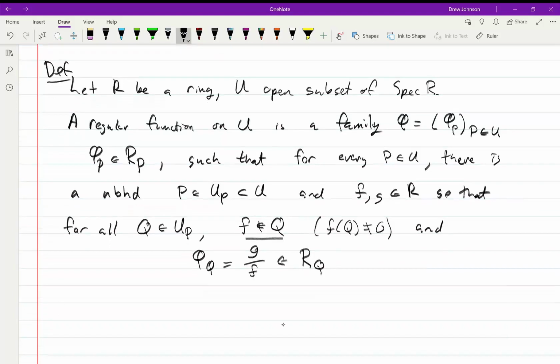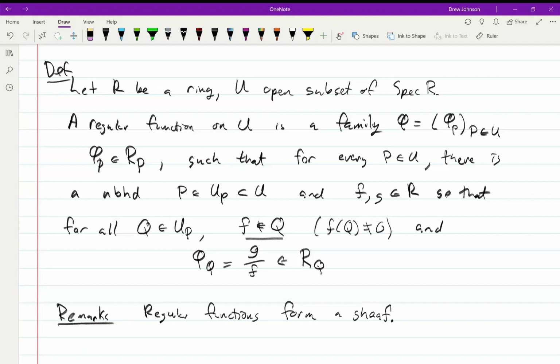All right, and just a couple of remarks. It's not too hard to see that regular functions form a sheaf. This is a nice example of a sheaf where the sections of the sheaf are not necessarily functions, right?